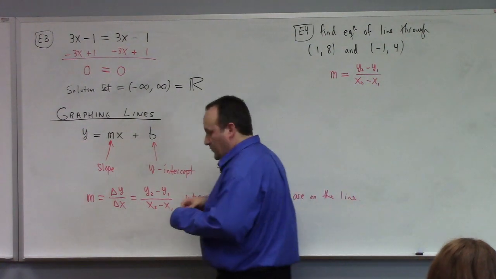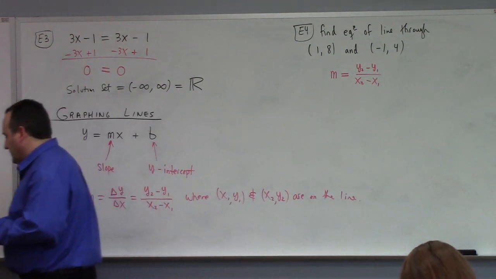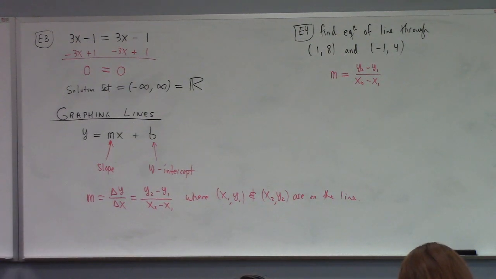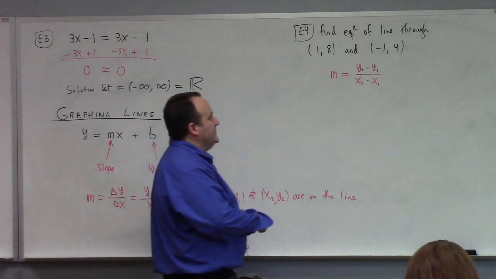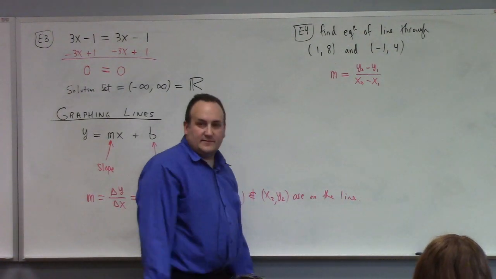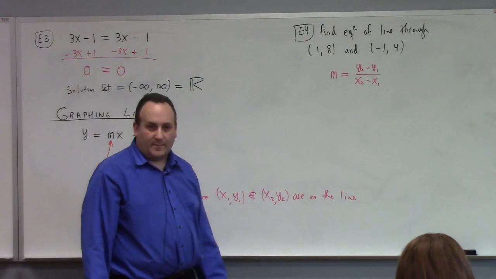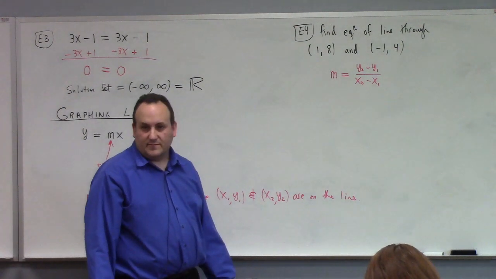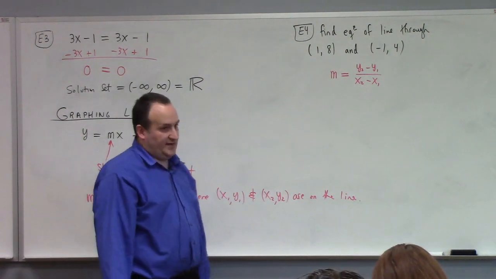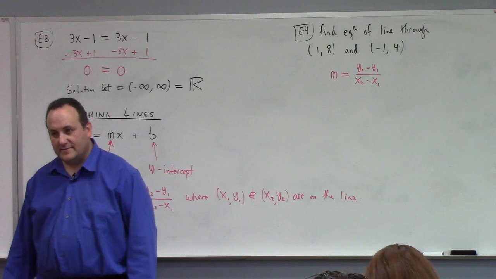I need to decide which point is 1 and which point is 2. Which way do you want? Which is the first point and which is the second point? I mean, you got 2 choices.